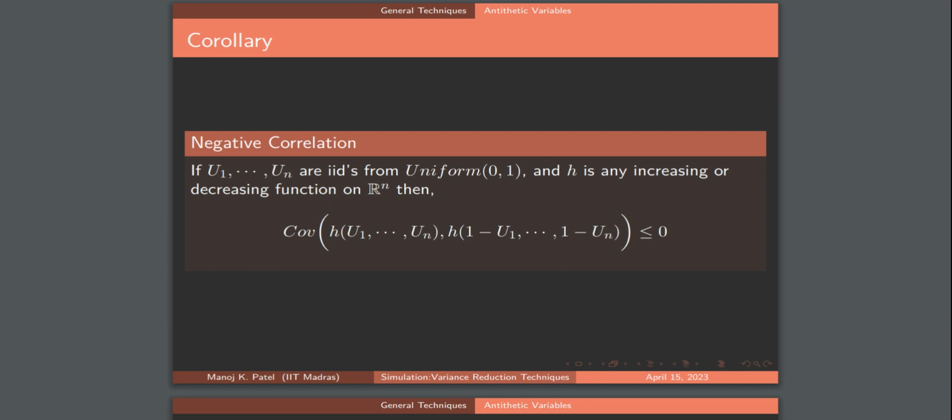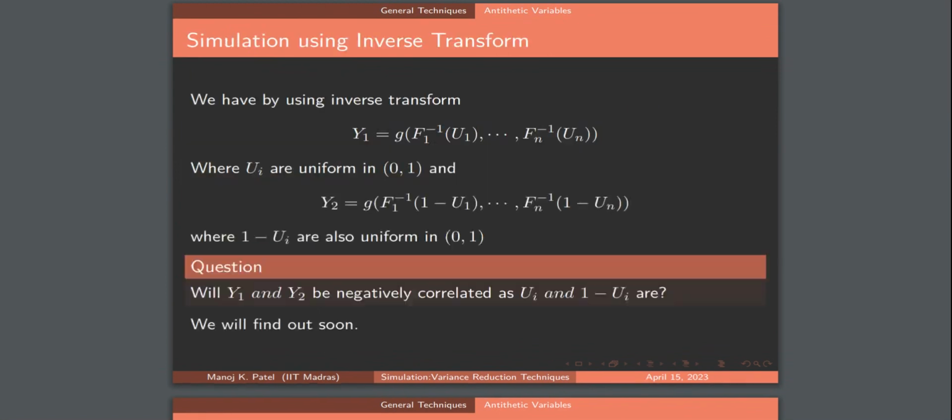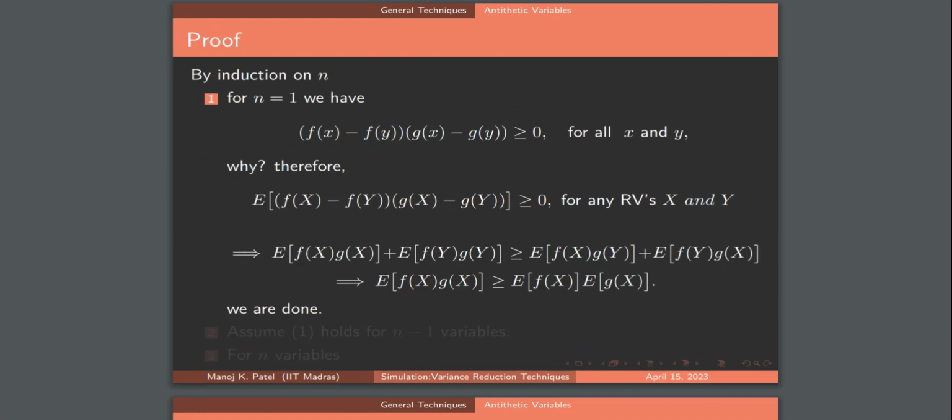So the covariance of this will be negative. We got our answer from that: Y1 and Y2 will be negatively correlated. So the answer is yes when g is a monotonic function.